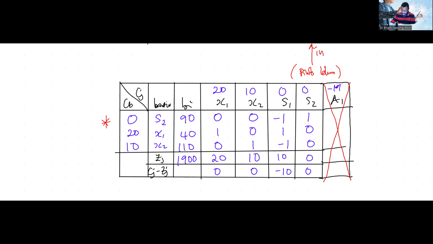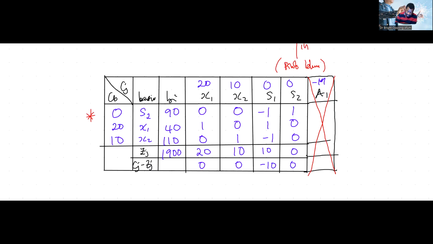All right, so now we search for the pivot column. We said that the pivot column is the largest positive cj minus zj, right? Cj minus zj, there's nothing here. So therefore, since there's no largest positive cj minus zj, it means that anything that enters the solution basis will not give us a better solution, right?